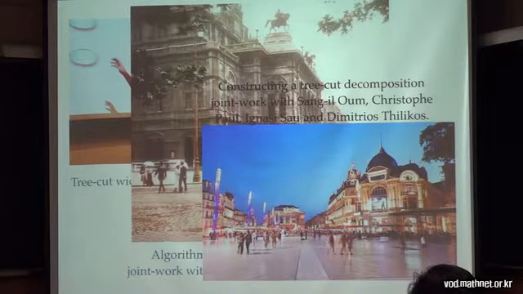And this is based on joint work with Sang-il Oum, Christophe Paul, Ignasi Sau, and Dimitrios Thilikos. Actually this work is not about tree-cut decomposition itself, but about some family of graph partitioning problems, and we could construct tree-cut decomposition by applying algorithms for graph partitioning problems.